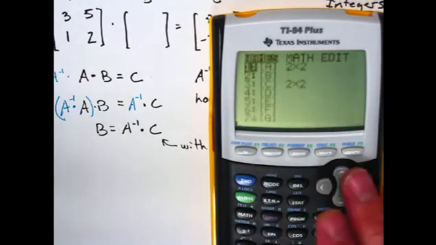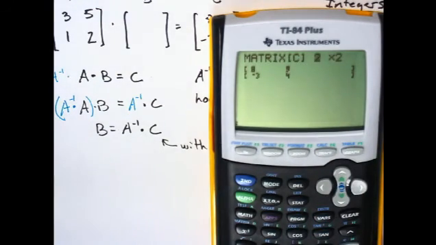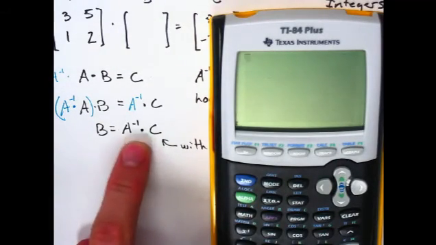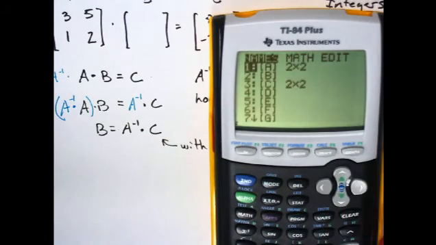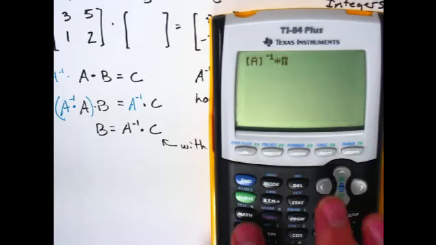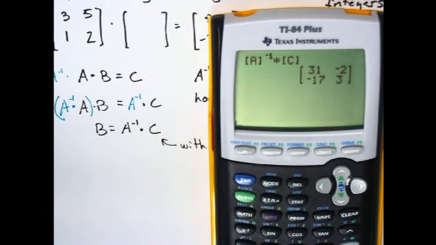I also have matrix C entered in here, which is 8, 9, negative 3, 4. All you have to do is enter exactly this on your calculator in that order. The order does matter. You go into your matrix menu, choose matrix A, use that inverse button we talked about, and then multiply by matrix C and hit enter for your answer.